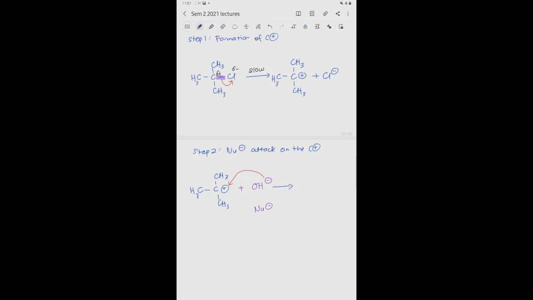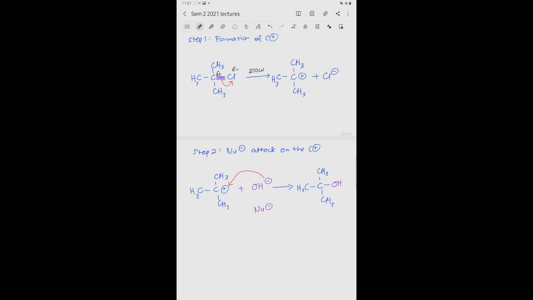So that's what happened in this reaction. So we have the new product, which is the nucleophile, the OH minus, attached to the C plus. So there you go, we get the product 2-methyl 2-propanol.